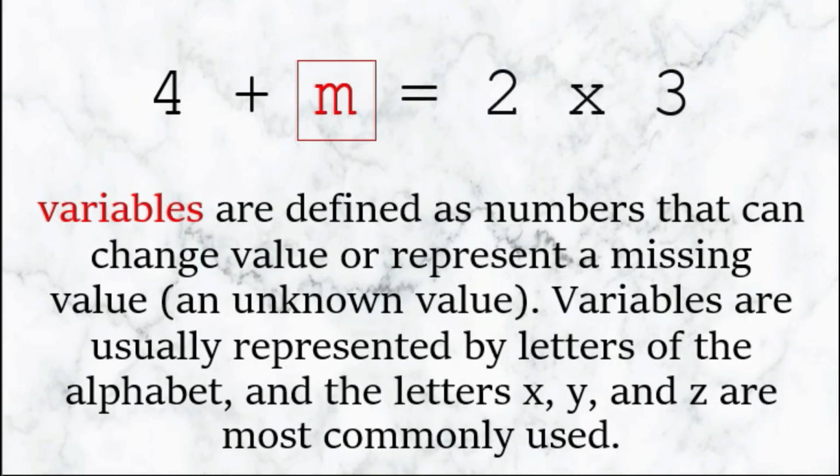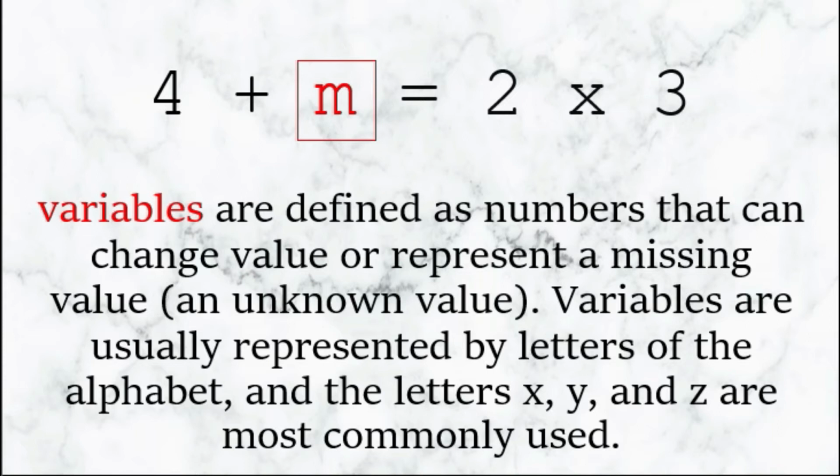Of course, in this equation, we know that letter m is equal to 2. So why is it called a variable? Well, that's the way algebra is. You may think of it this way. If you were just given the equation without any of the earlier discussions, then m would be unknown until you solve the arithmetic.